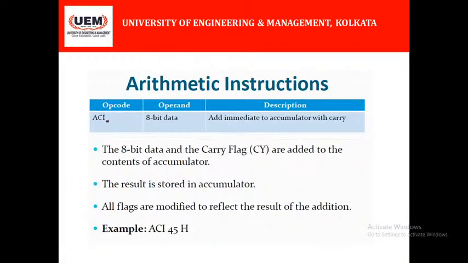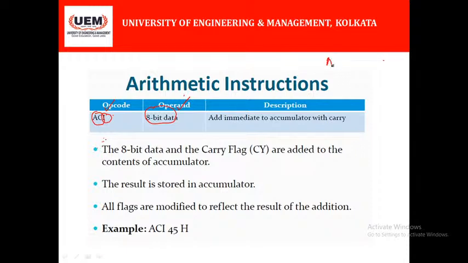Next is ACI. AC stands for add with carry, and I for immediate, and then we specify the 8-bit data. What we are doing here is an 8-bit addition between the value of the accumulator and the 8-bit data that is supplied directly.